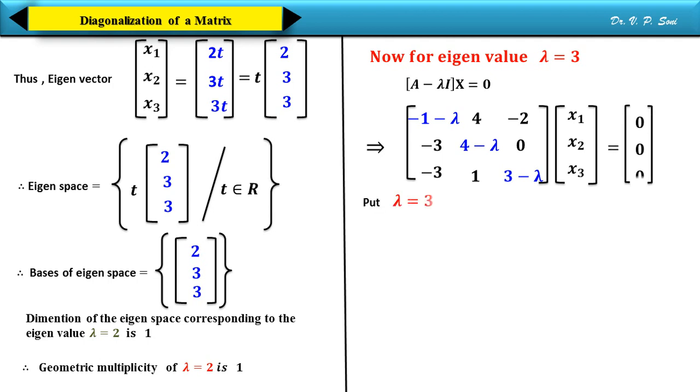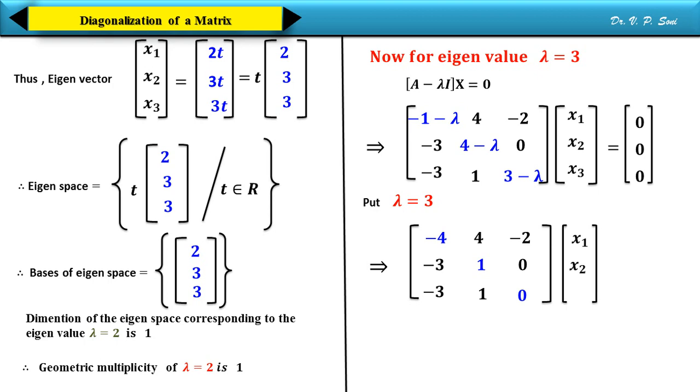Now put lambda equal to 3, then we get the matrix whose first row is minus 4, 4, minus 2, second row minus 3, 1, 0, third row minus 3, 1, 0, times the column matrix x1, x2, x3 equal to the column matrix 0, 0, 0.